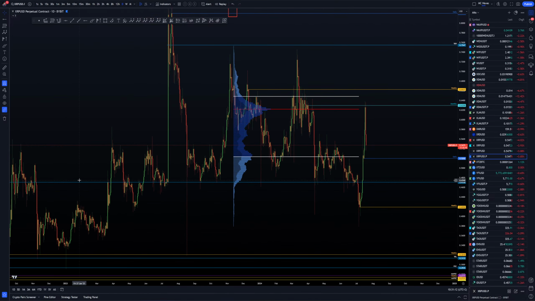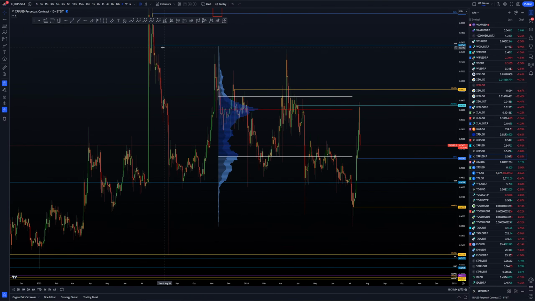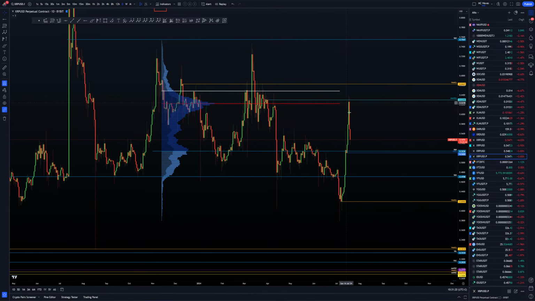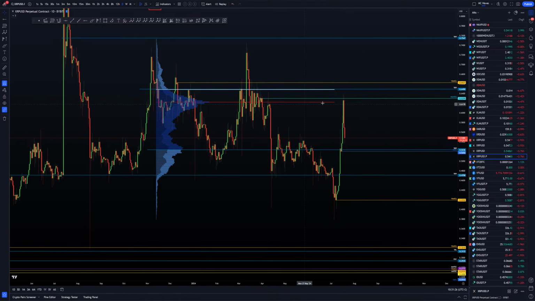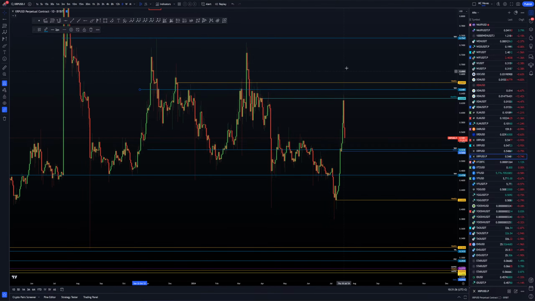Let me just get this one, or that one, by the way. This path control, no. Perfect. Path control. So it's a value high, by the way.